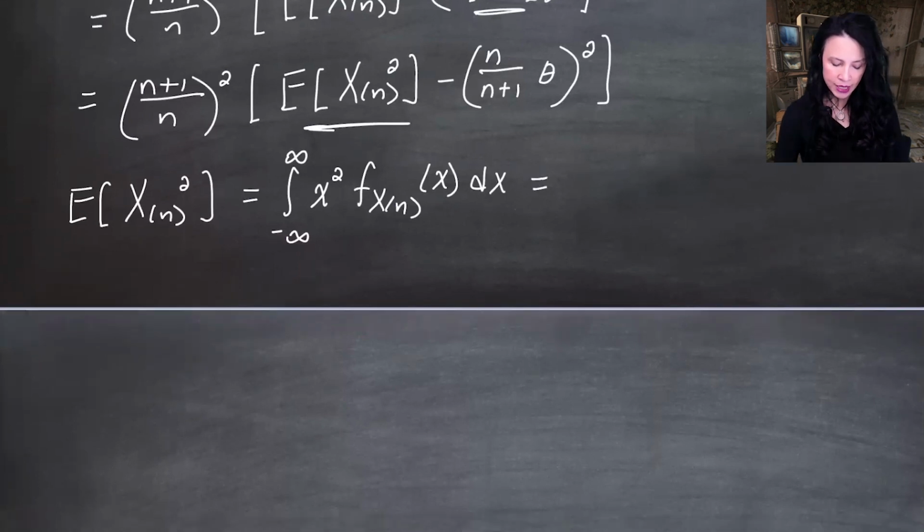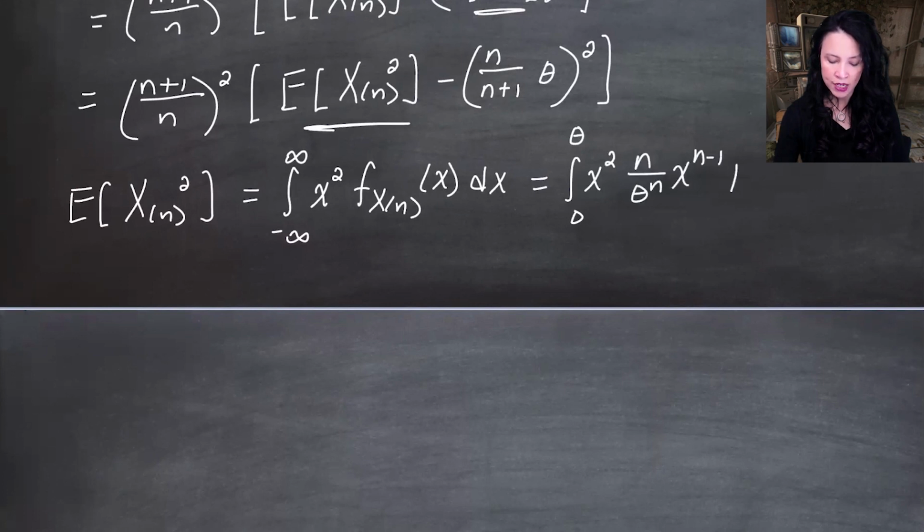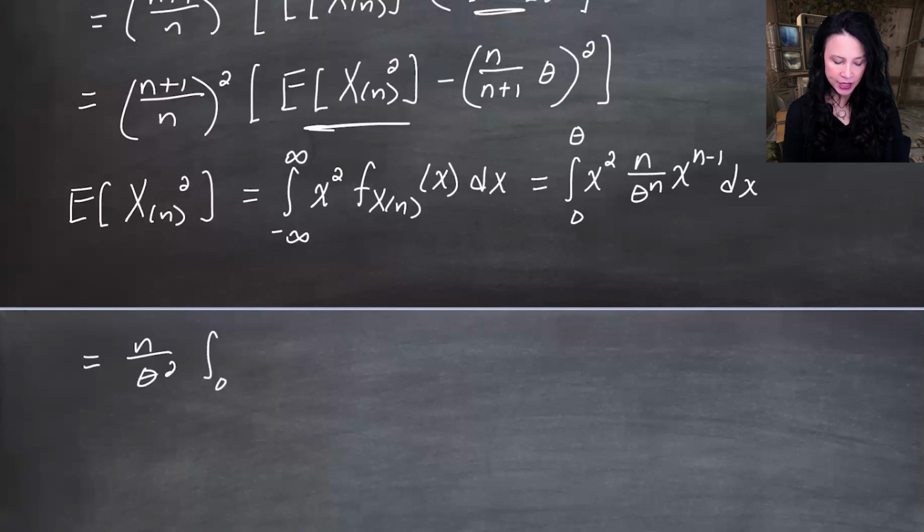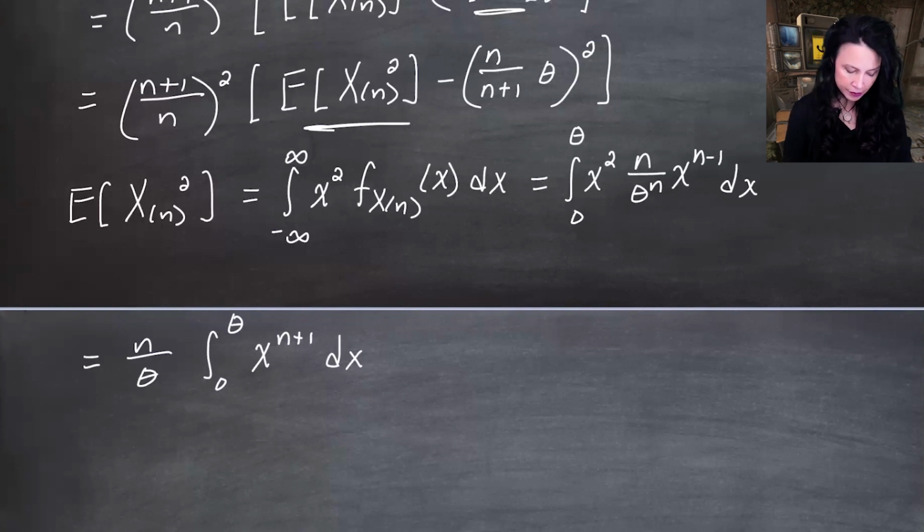This is going to be the integral from 0 to theta of x squared times n over theta to the n x to the n minus 1 dx. So I'll pull out the n and the theta squared and integrate 0 to theta x to the n plus 1 dx. This superscript down here should be an n.